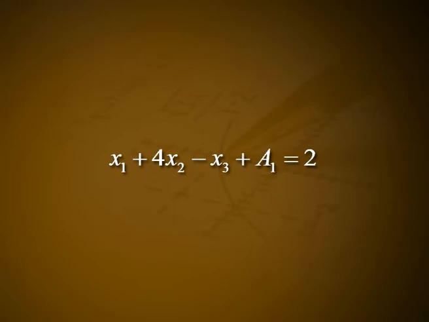In such an equation, we add an artificial variable, say a1, and it becomes x1 plus 4x2 minus x3 plus a1 equal to 2. Now, we include the artificial variable added to the constraint like a1 as a basic variable to start solving the LPP. Hence, we get an initial basic solution which is feasible.